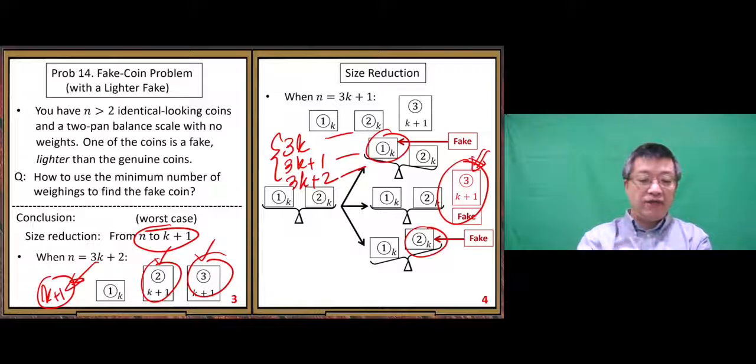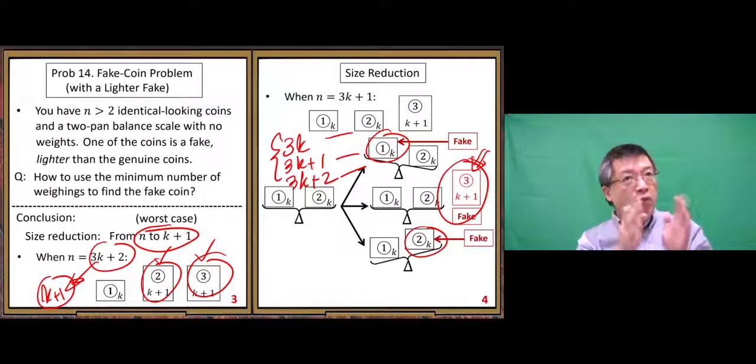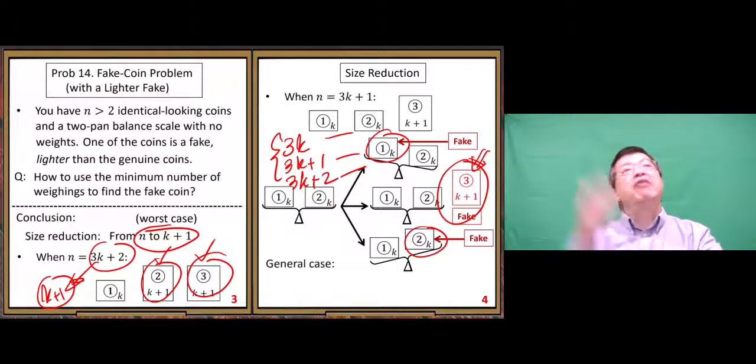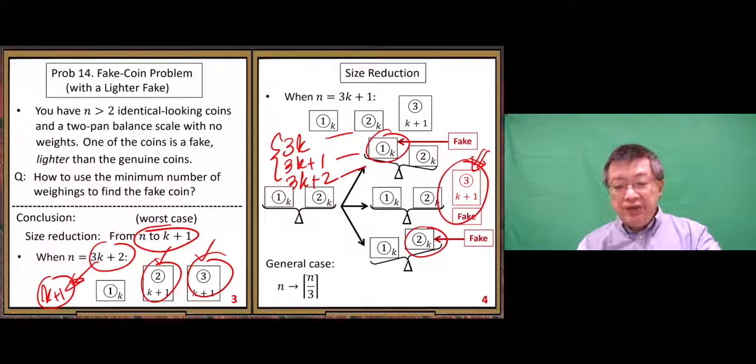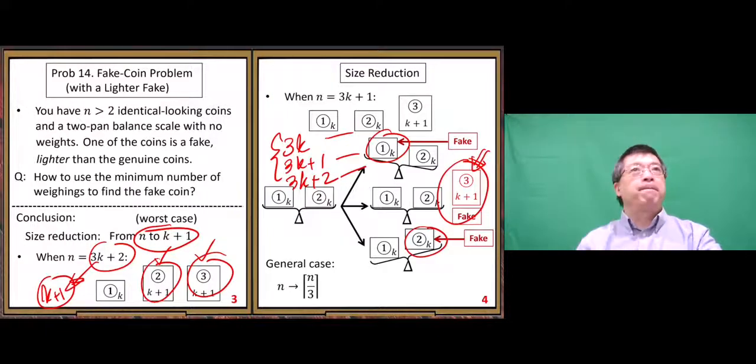Now, we want to use one formula to represent the size reduction, because here we have 3 different cases and the size reductions are different. Can we use a unified way to represent the size reduction for the general case? Yes, we have one formula. The formula is like this: size reduction from n to the ceiling function of n over 3.